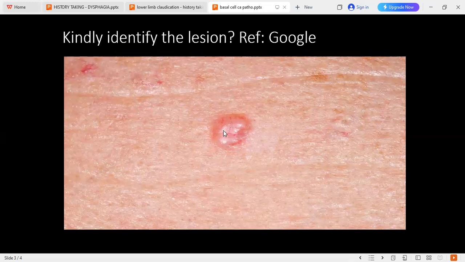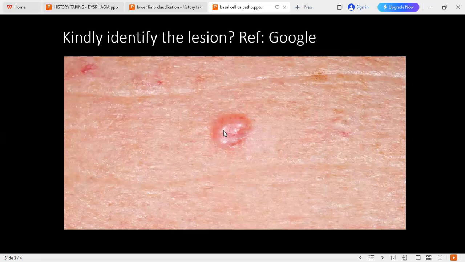Then what are the surgical options which are available? Electrocautery or desiccation. And excision, as you said, and Mohs microsurgery. Right, when you are doing excision, what are the things that you have to keep in your mind?